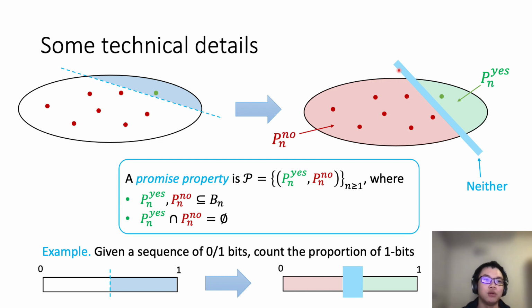You must read almost all the bits. But if I only ask you to distinguish whether the number of 1s is more than 2/3 or less than 1/3, and I don't care about your answers if it is in between the thresholds, then you can of course answer this question very efficiently by simple sampling. So this is the difference.